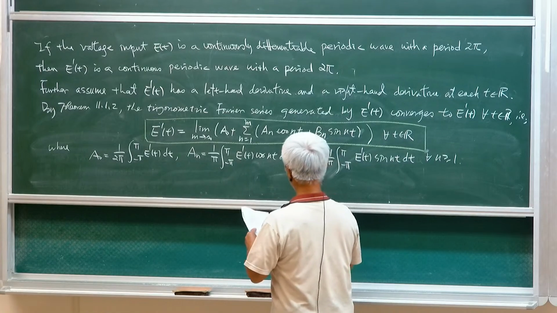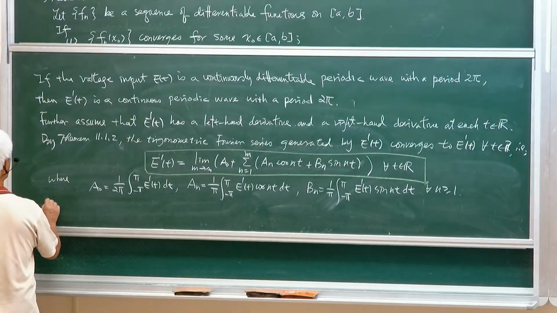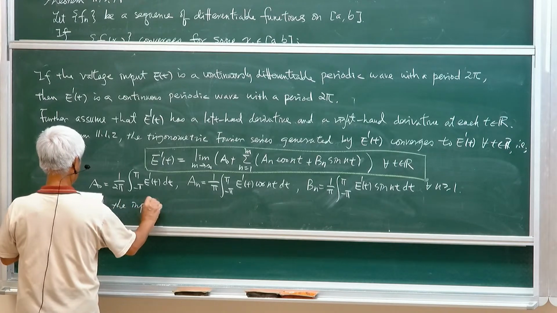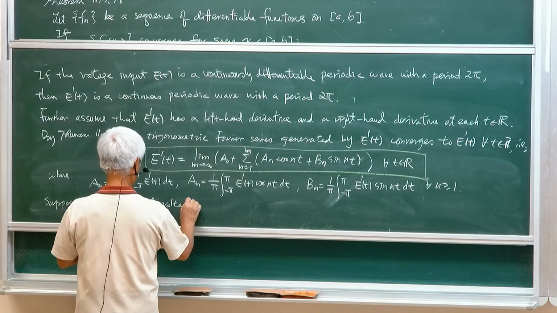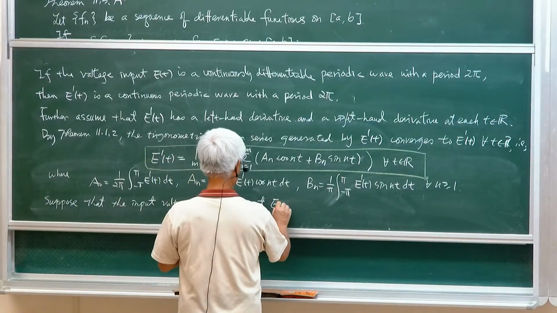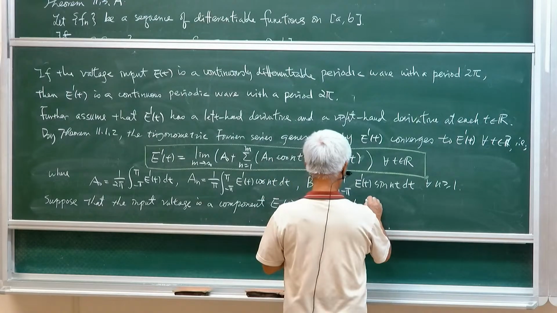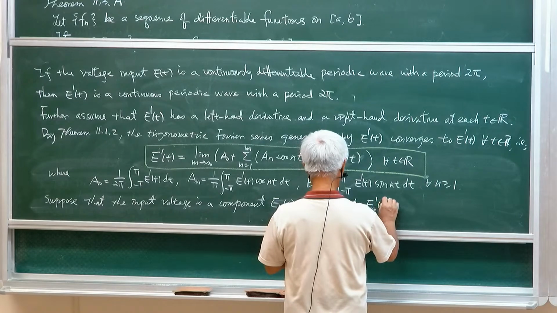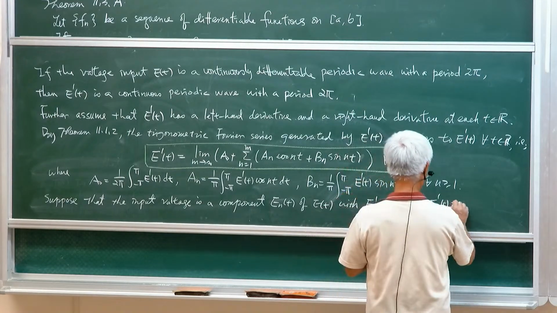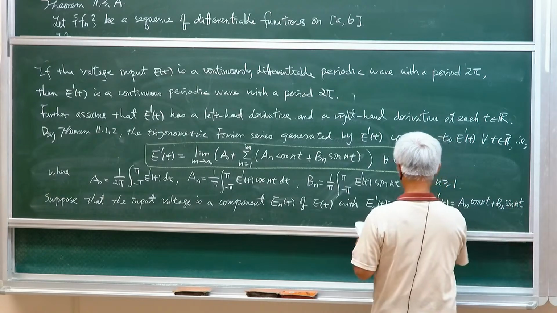So now we suppose that the input voltage is a component E n of t of E, with E0 prime of t equal to A0, and En prime of t equal to An cosine nt plus Bn sine nt, for all n greater than or equal to 1.